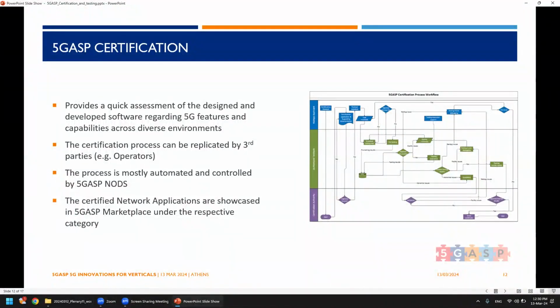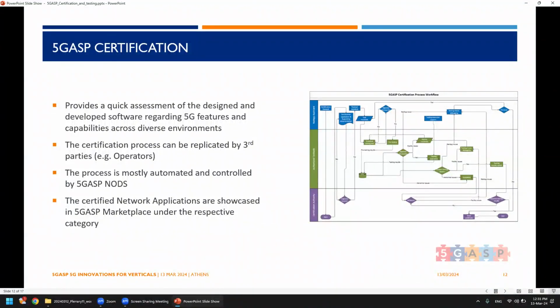This certification was introduced to provide a quick assessment of the designed network application regarding the 5G features and capability of this application in diverse environments, prior to, for example, deploying it to a costly operator environment and then seeing specific bugs or 5G features not working there. The certification process actually follows principles from third-party operators as well, so it can easily be replicated in their environment.